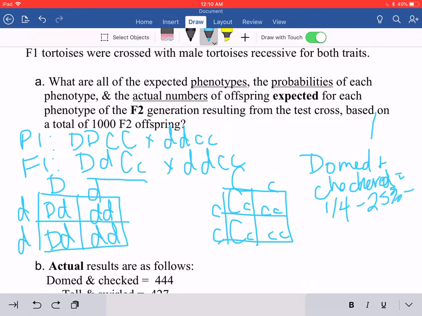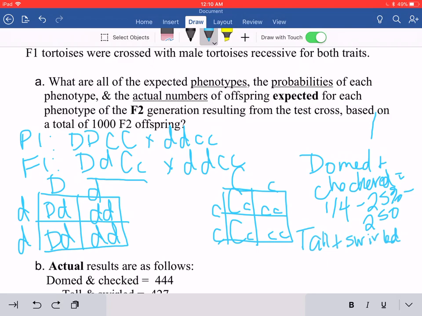And that should correspond, out of a total of 1,000 individuals, to 250. Next, we're going to have tall and swirled.